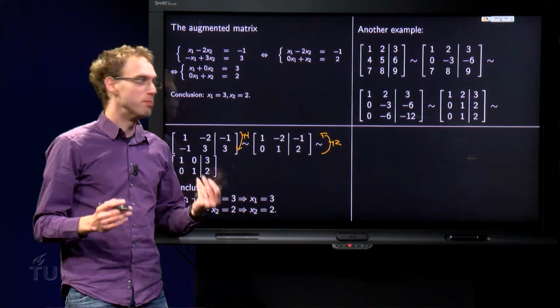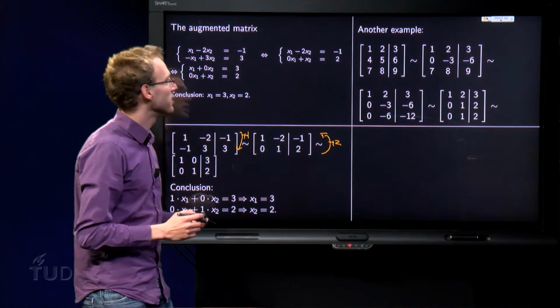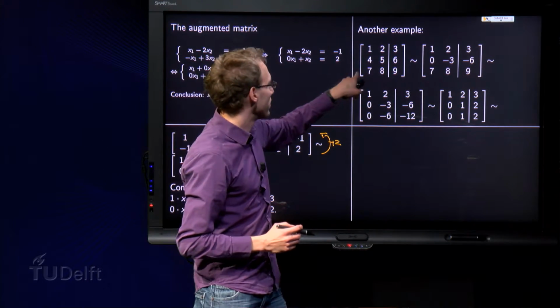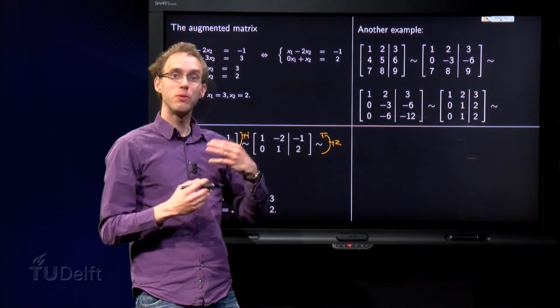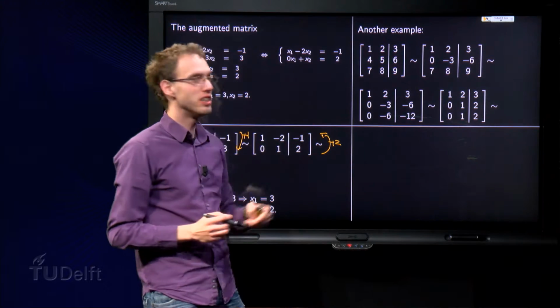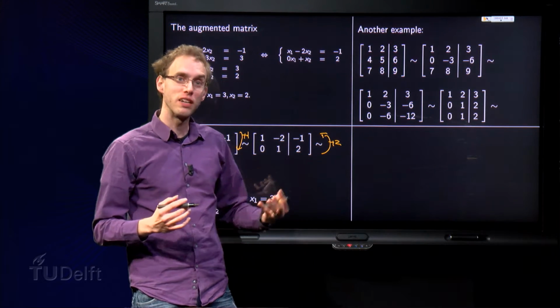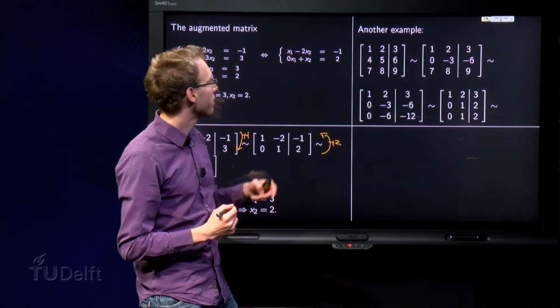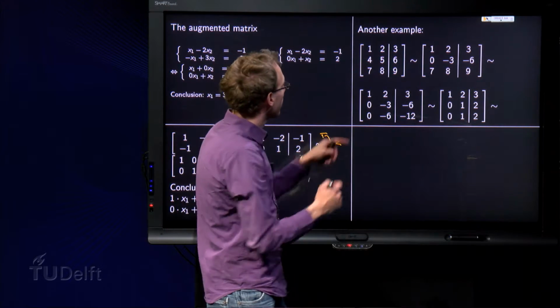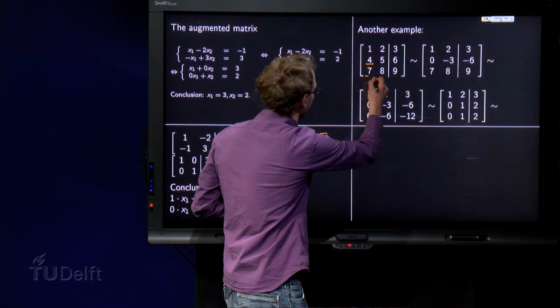There we are, a bit bigger. Numbers chosen completely at random, as you can see. 1 through 3, 4, 5, 6, 7, 8, 9. How do we determine the solution of this system? As you see, we have 3 equations and 2 unknowns. Is it possible to find a solution? Well, let us try. First, I want to get a 0 over here and over here.